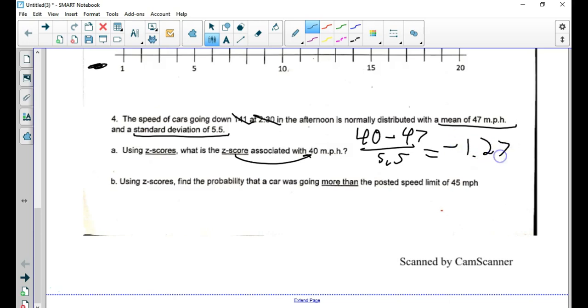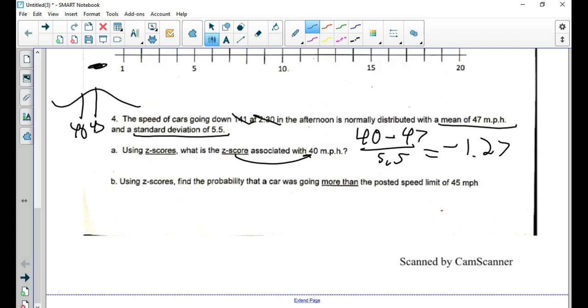Now, this should make sense, because if you think about it real quick, if this right here is the mean of 47, and your actual number is 40, that is less than the mean. It's left of the mean, which means you should get a negative z-score. Something to think about before you calculate.